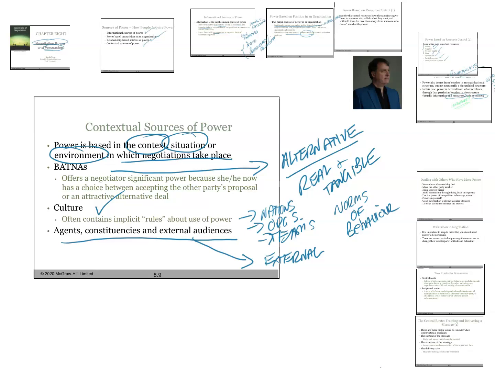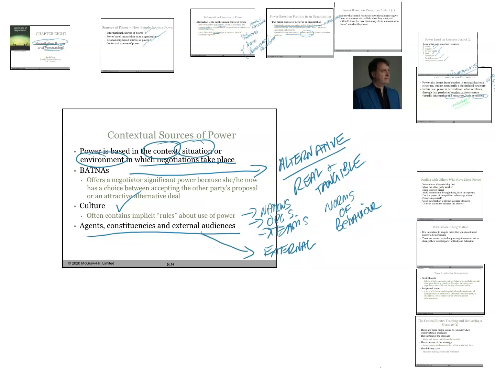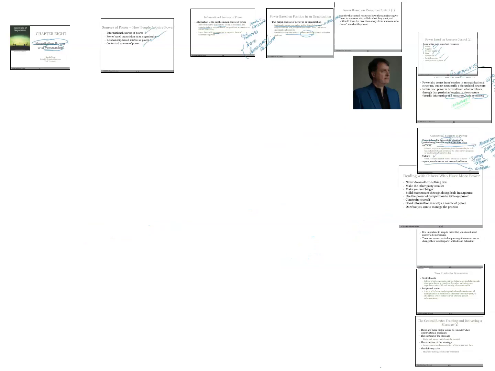This becomes an important factor if you're dealing with significant cultural differences, not just language, but also customs and ways of doing things, and perhaps even geographic distance. All of these things, especially external audiences, maybe it's the media that's observing your negotiation or interested parties, can make the negotiation more complex, and with the right agents and constituencies might be able to facilitate an agreement that might not have otherwise come so easily without that support.